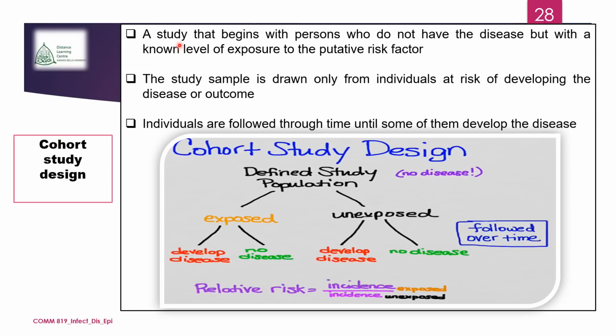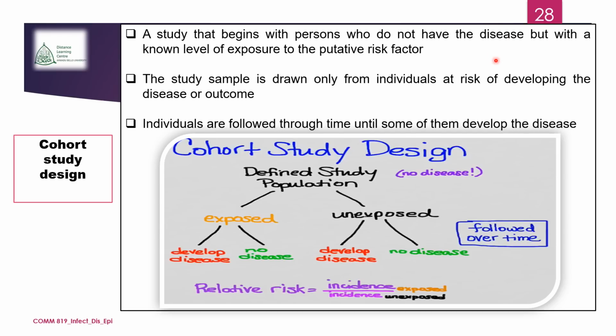A cohort study is a study that begins with persons who do not have the disease but with a known level of exposure to a putative risk factor. So your subjects don't have the disease.